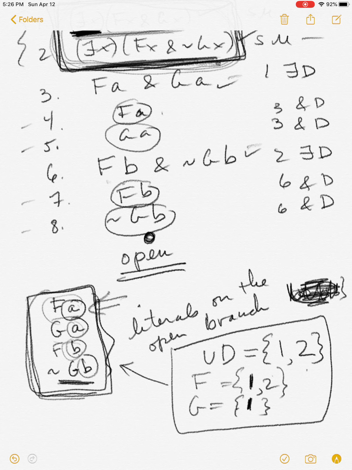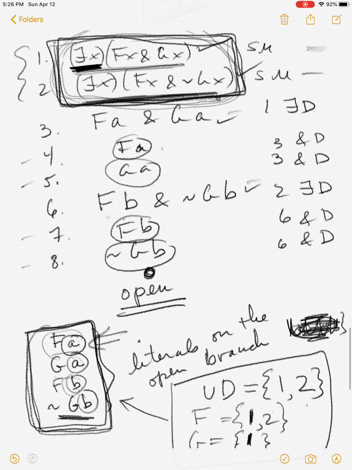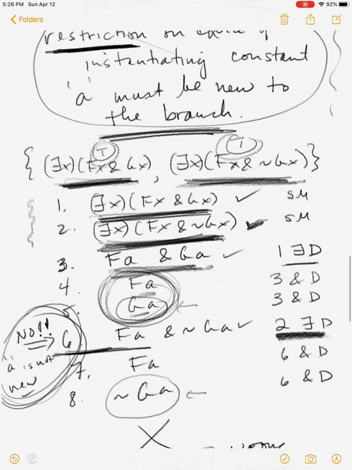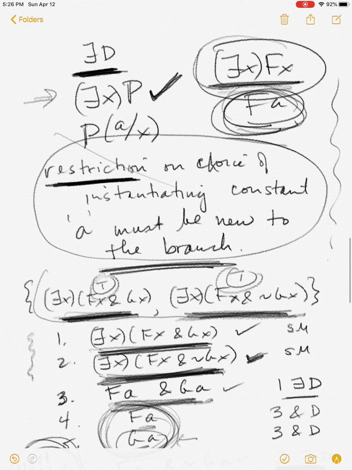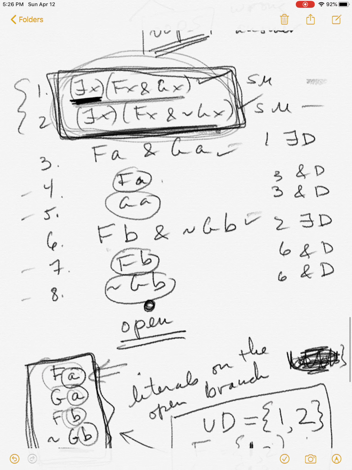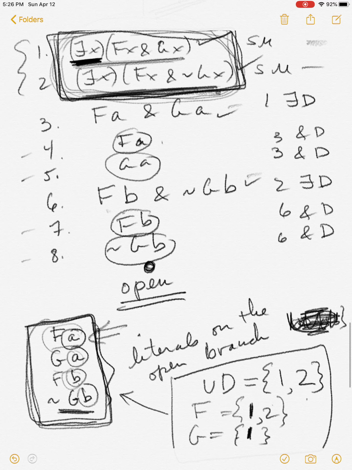There's kind of a canonical way of constructing interpretations from the literals that you get on an open branch. We'll do lots more examples, but let's take a look at what we got here. This interpretation is precisely the interpretation that you had in mind when I initially gave this example and said, well, of course this is a consistent set, but it's got to have 2 things in the universe of discourse.